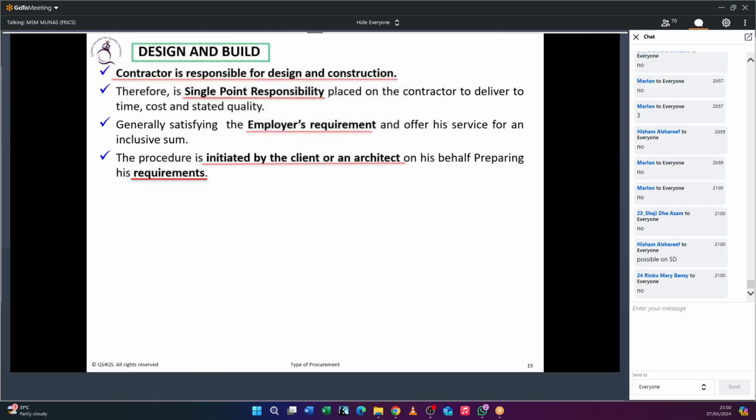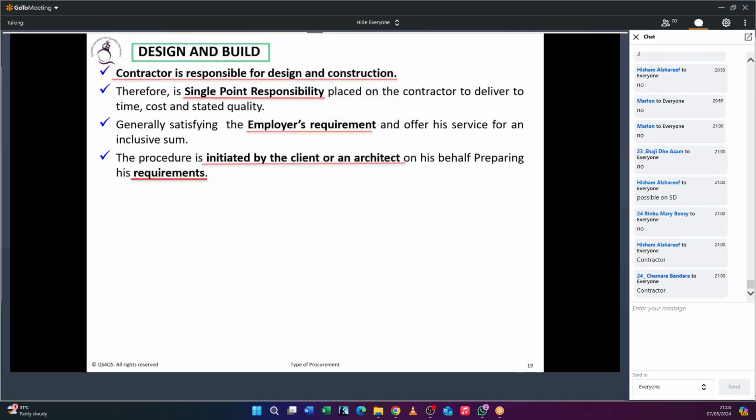But who's responsible for the cost? Yes, the contractor is responsible for the cost. So how he is pricing, he is putting in his risk premium.